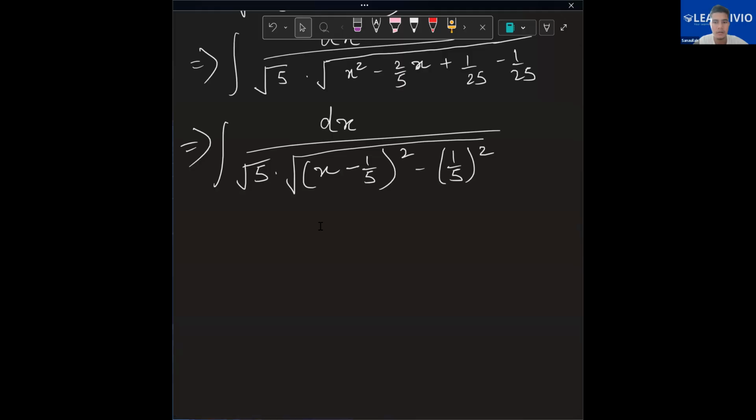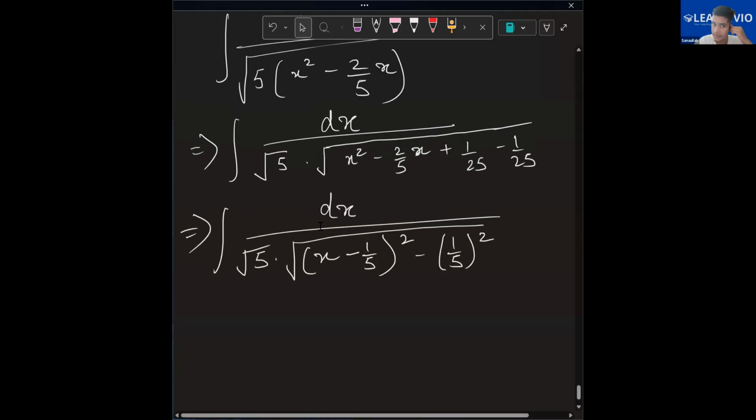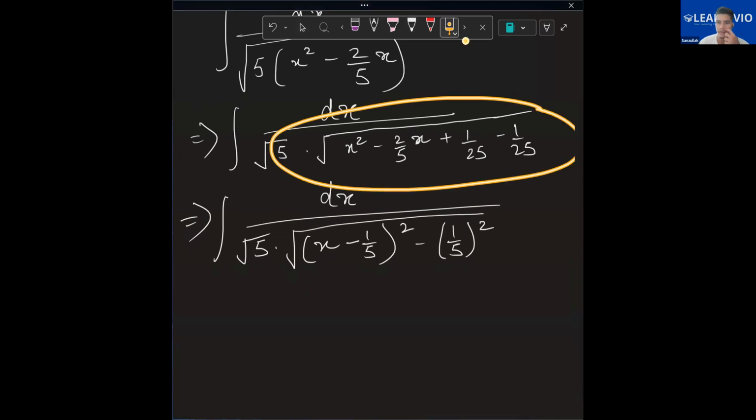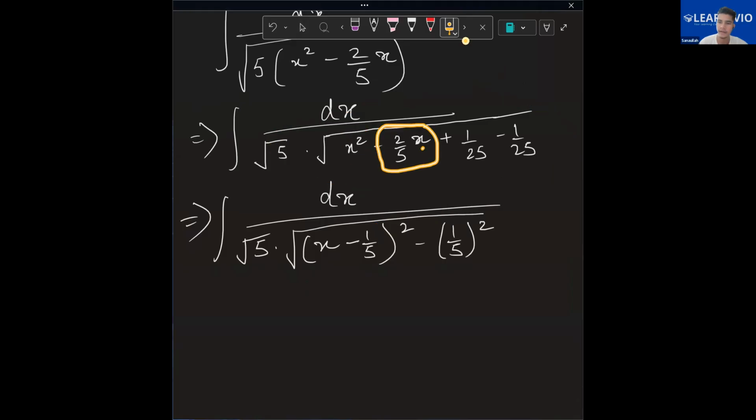So this is the completing the square method. Your x square coefficient should be 1, and whatever coefficient you have with this x, you divide that by 2, that is 1 by 5, and you add that square and subtract that square.